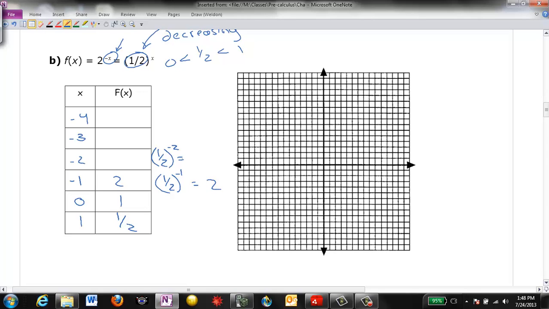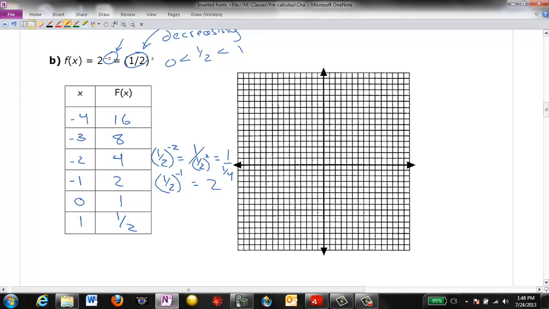So this is actually going to be 1 over 1/2 squared, right? Which is 1 over 1/4, which is 4. And then you can kind of start to see the pattern, right? I'm doubling as I go back, right? So 1/2 becomes 1, 1 becomes 2, 2 becomes 4, 4 will become 8, and eventually 16 up here. So you can rely on some of those patterns to help you out.